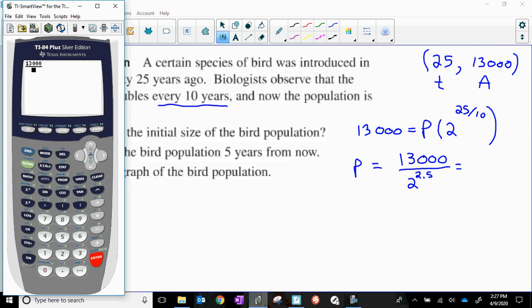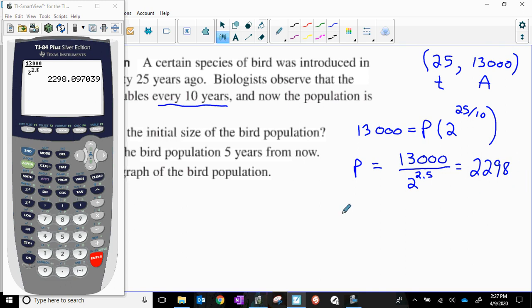So the initial population was approximately 2,298. I'm just going to truncate because we can't have partial birds. So that's approximately the value we need.